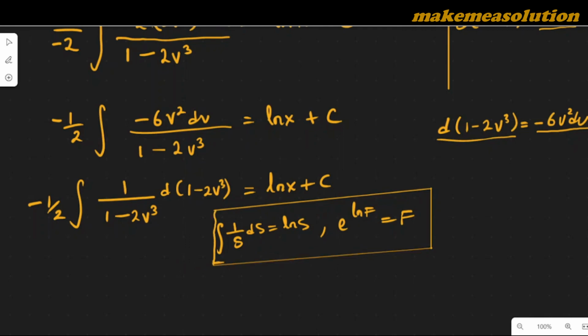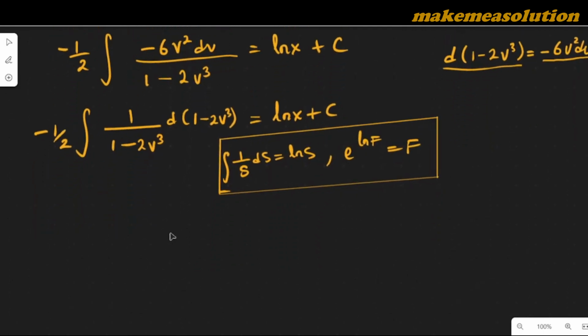Then take note of all of them. So you have minus 1 over 2 ln of 1 minus 2v cubed is equal to ln x plus c.